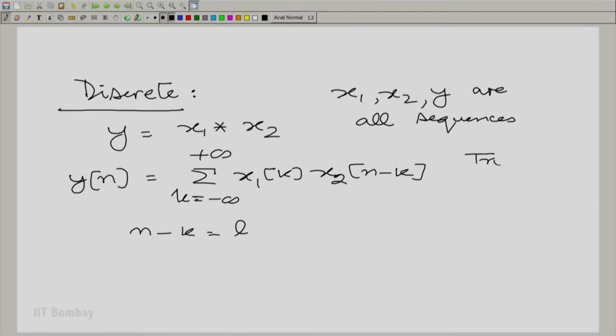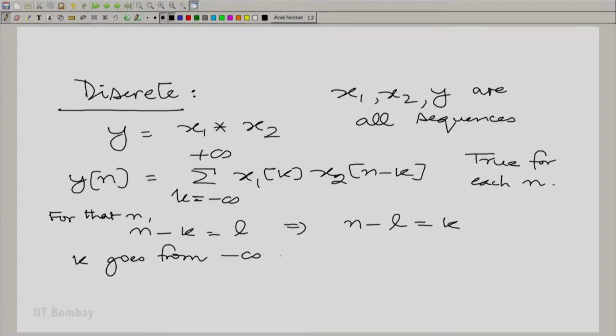Remember, this is true for each n, and for that n we put n minus k equal to L, which implies n minus L equal to k. And when k goes from minus to plus infinity, then L also goes similarly.